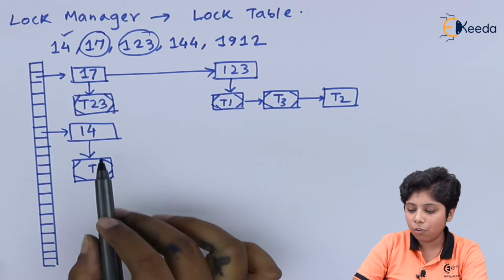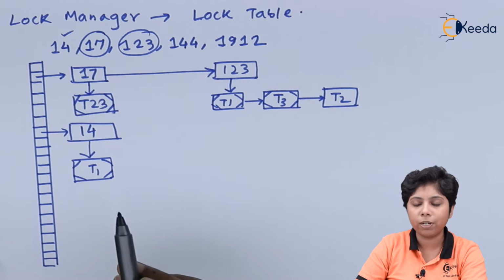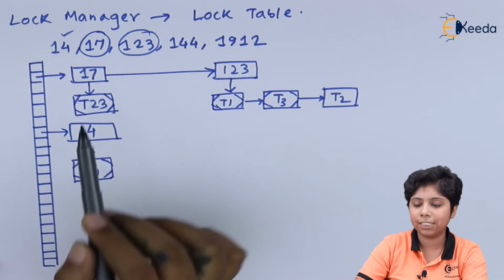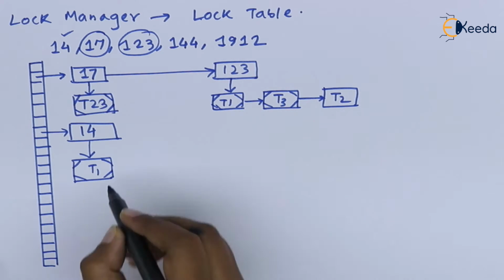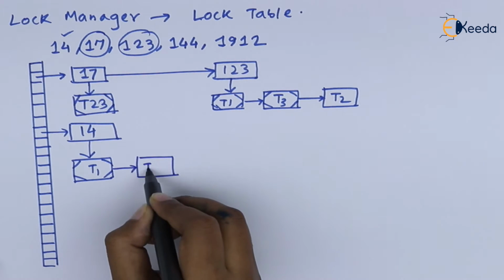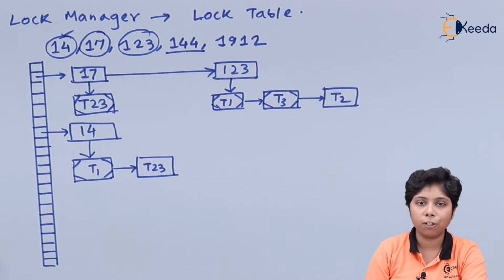Now say that T1 has been granted 14, but T23, which has acquired the data item 17, is waiting for the data item 14. Now there arrives 144.